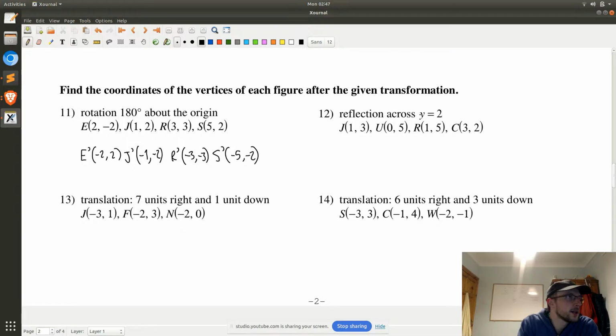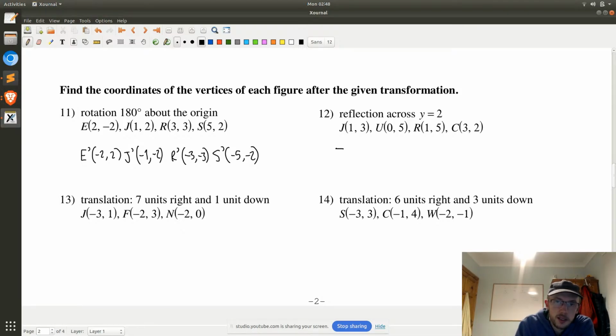reflection across y equals 2. So think about how this works. Y equals 2 is a horizontal line like that, and the y coordinate does not change, but the x coordinate, however far away it is from 2, it becomes that far away in the contrary.